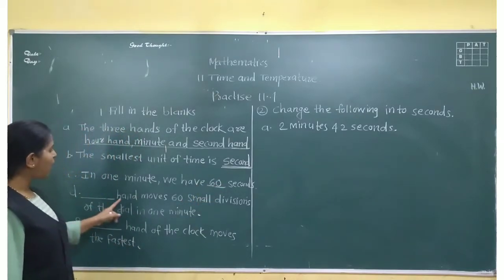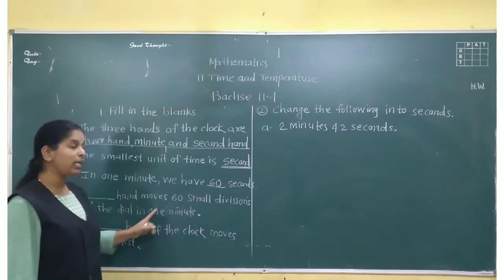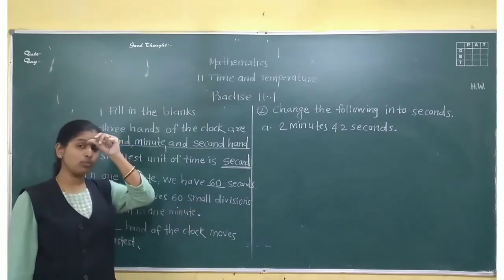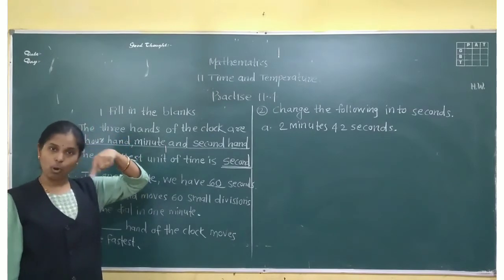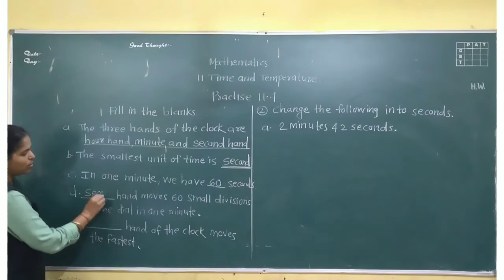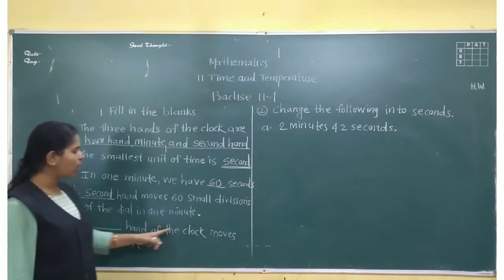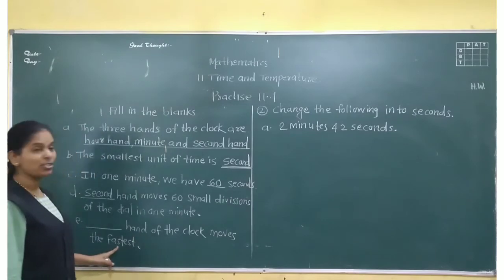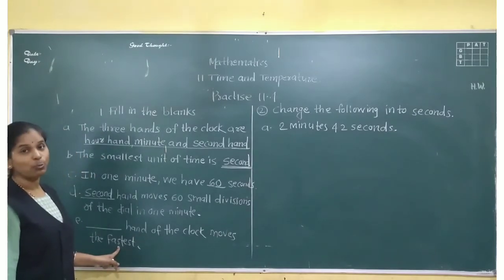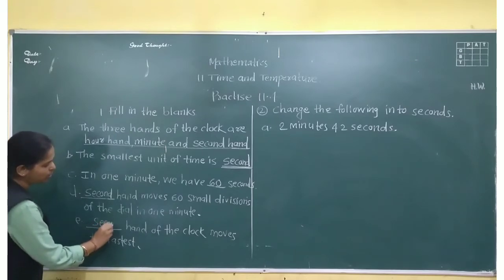Next, dash hand moves 60 small divisions of the dial in 1 minute. So, which hand moves 60 small divisions in 1 minute? Of course, second hand. Okay. Next, dash hand of the clock moves the fastest. Now, which hand moves fastest? Second hand. Again, the answer is the same.